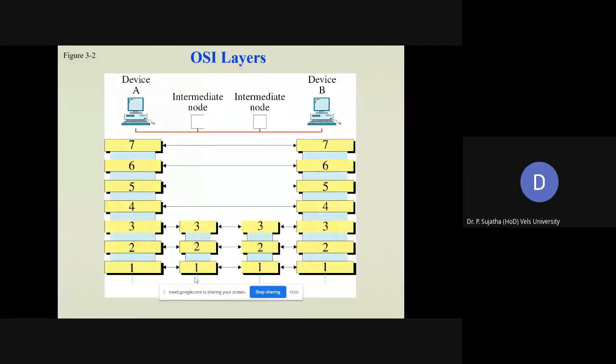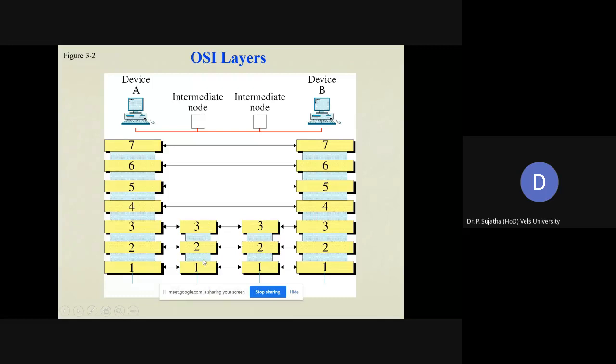Now the physical layer of the intermediate node should transmit the good morning message up to its application layer. Look at the diagram, look at the cursor properly. Now the good morning message is available with the physical layer of the intermediate node.